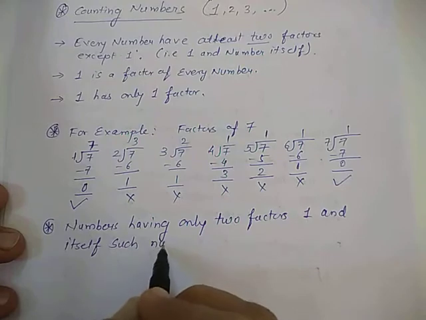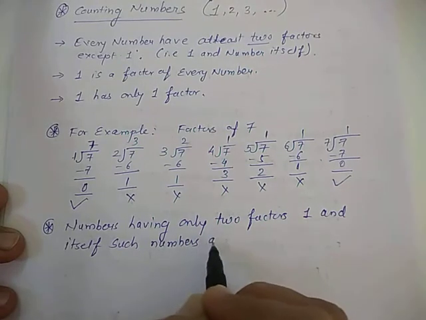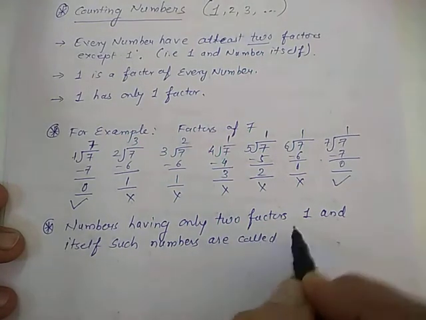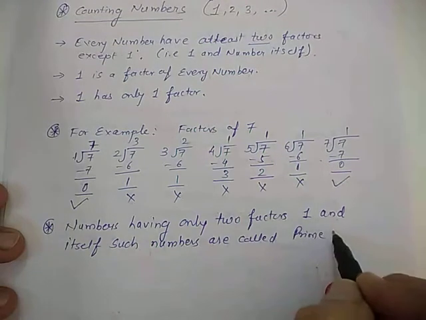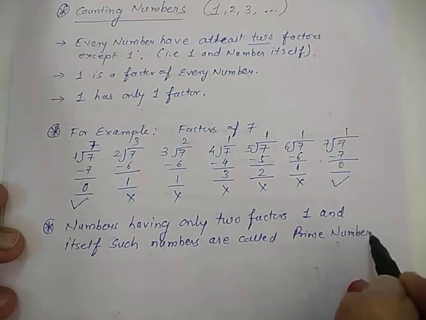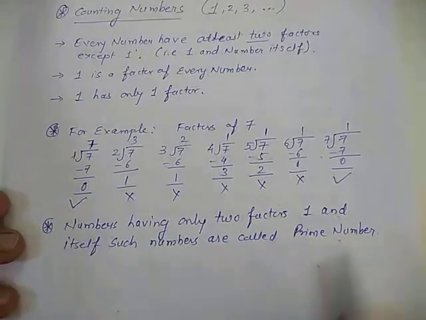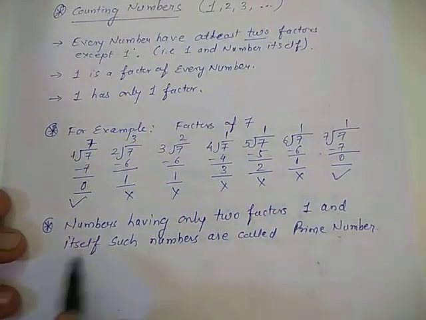Such numbers are called prime numbers. Okay, so this was about prime numbers having only two factors.